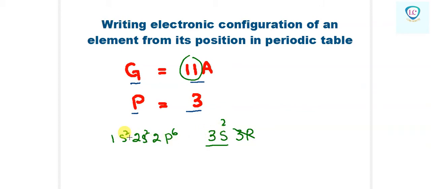It has 12 electrons, 2 plus 2 is 4, plus 6 is 10, plus 2 is 12. So its atomic number is 12, and atomic number 12 shows that this is magnesium. So we can also say which element is present in this group by writing its electronic configuration.